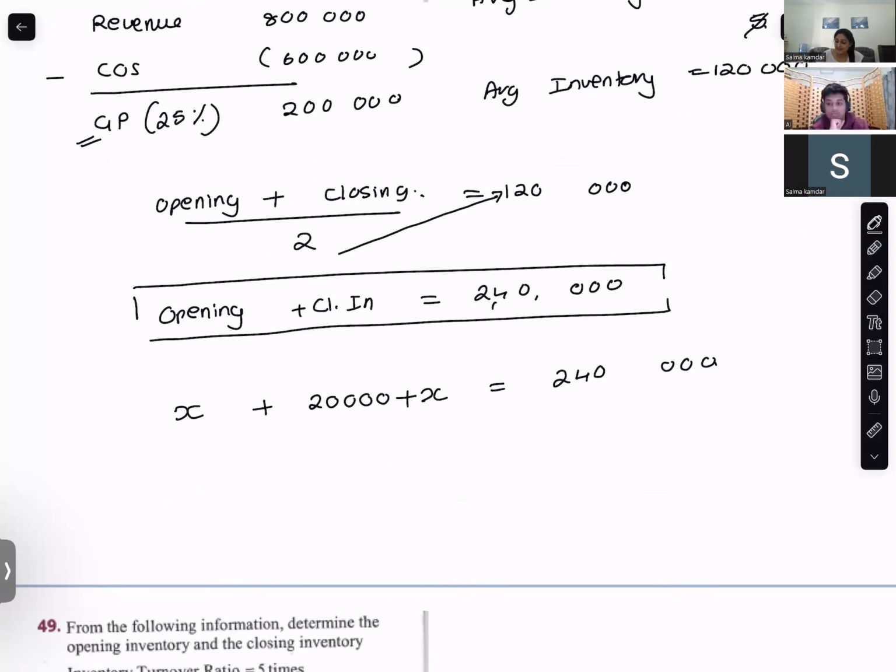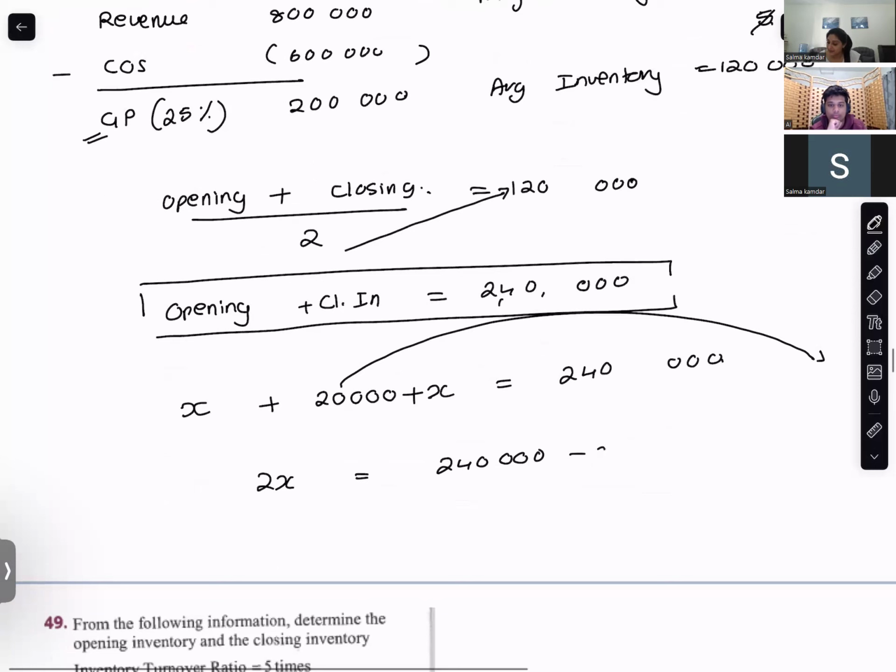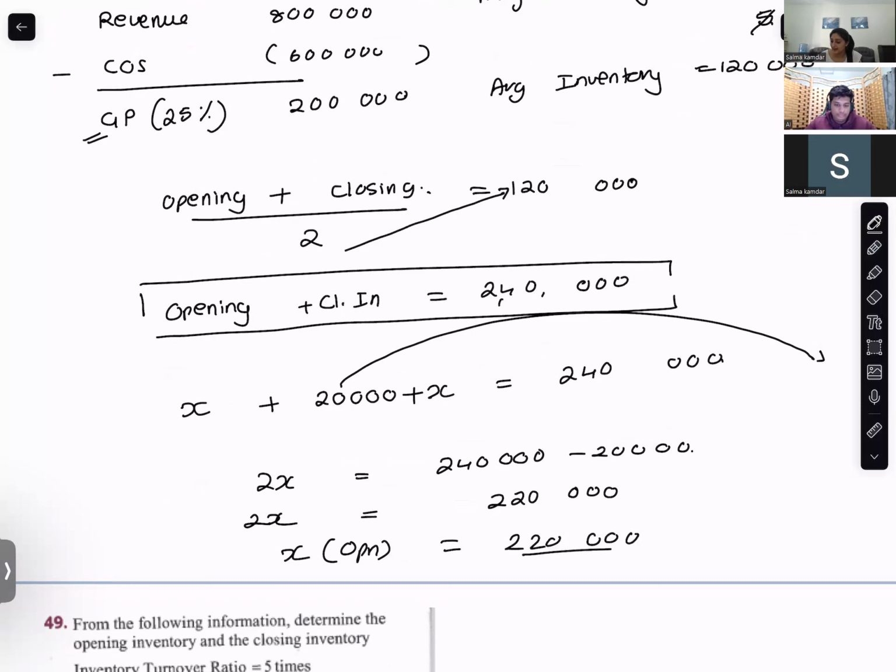Now I say 2X is equal to 240,000, and this 20,000 I bring to that side and it becomes minus 20,000. So 2X will become 220,000. So X, which represents my opening inventory, will be 220,000 divided by 2.